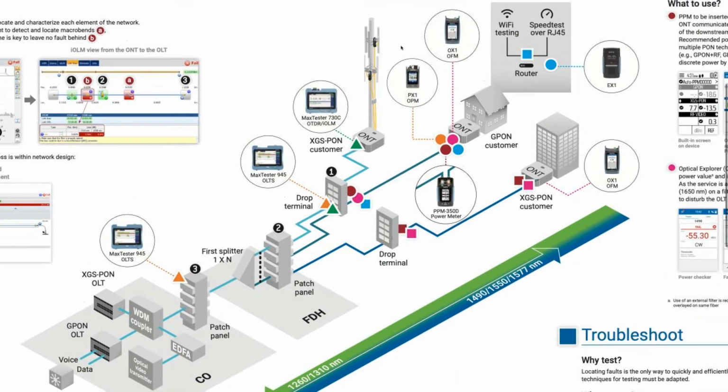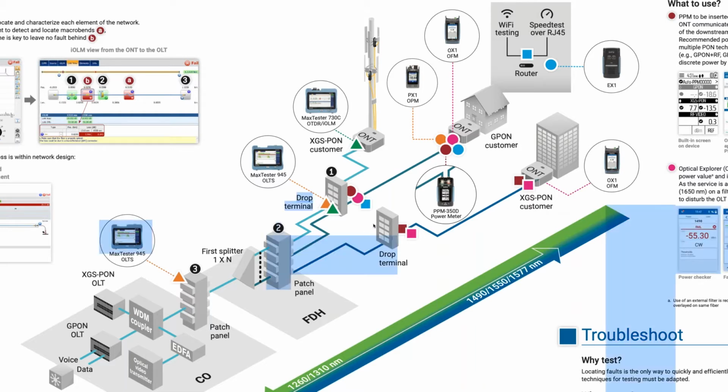It slots in between the power meter and the OTDR. It's not a full-blown OTDR. I'm not able to pull down any trace files and save those for records on the network, but I am able to use it to troubleshoot any issues in the link and actually qualify that fiber link based on the criteria that I give the OX1.